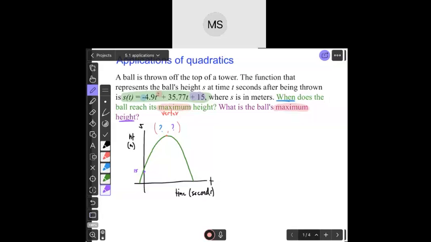That first question is asking for the x value of the vertex. How do we find that? What's x equal to? What's our formula to find x?